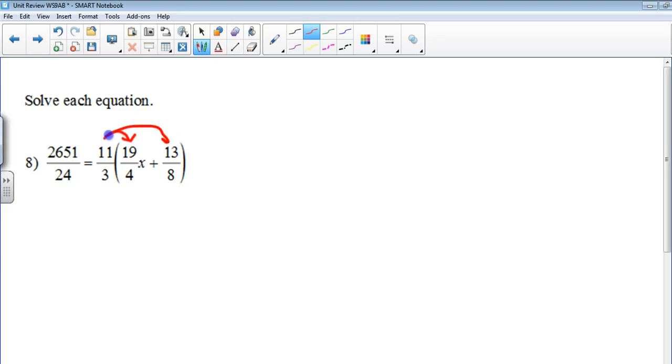Distribute first. I know these are just ginormous numbers. I might need help. 11 times 19, 209? Thank you. Remember, you multiply the top and the bottom. Someone asked me about cross multiplying earlier today. Are we cross multiplying anything here?